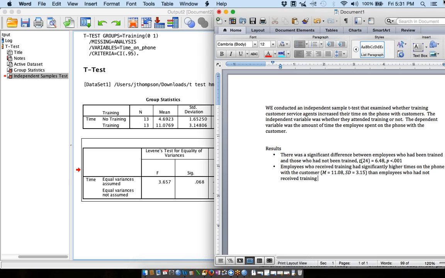Now, I'm just going to copy and paste this mean and standard deviation and then replace it. So it's 4.69. My standard deviation is 1.65. Okay.